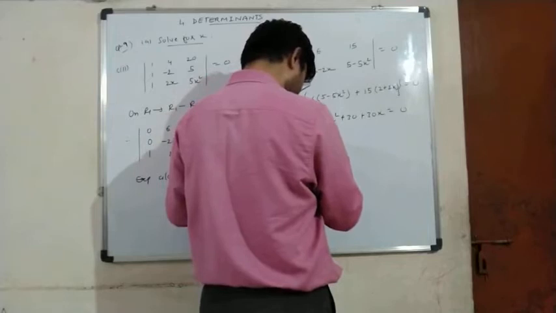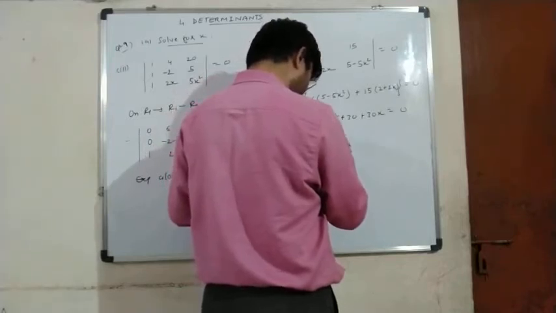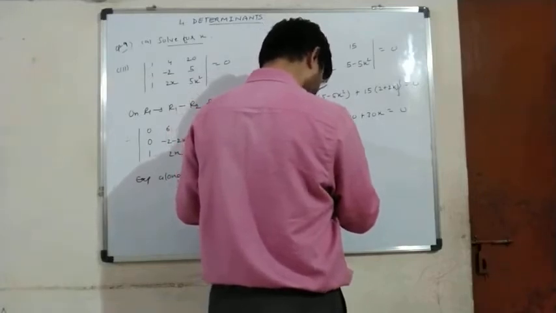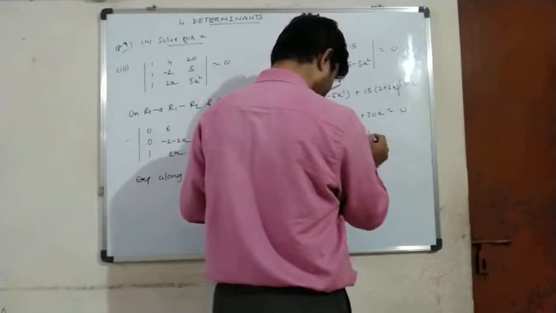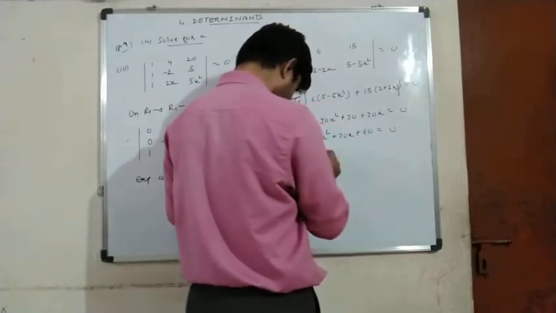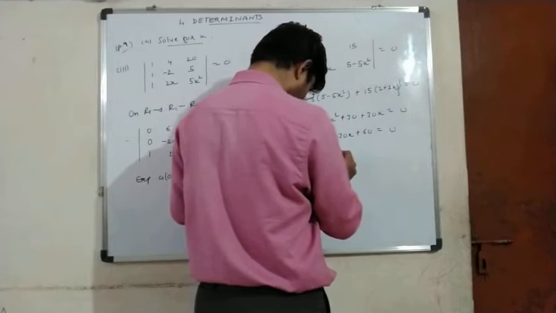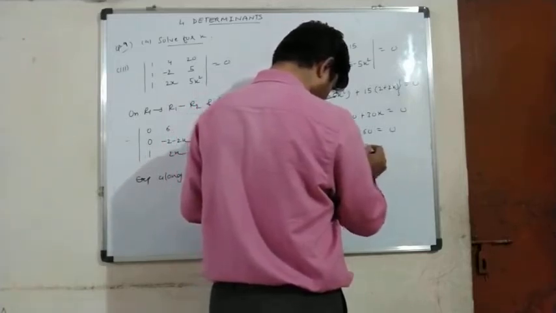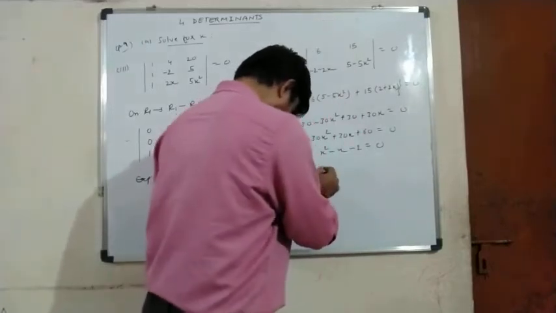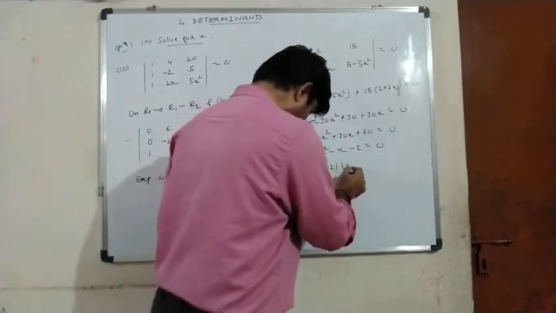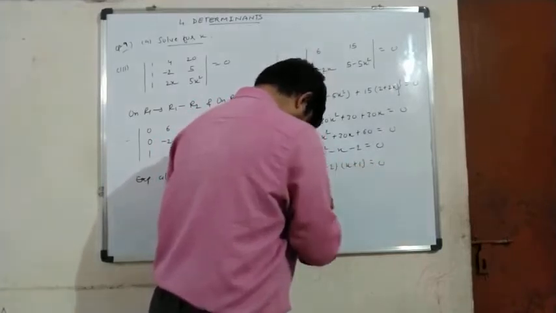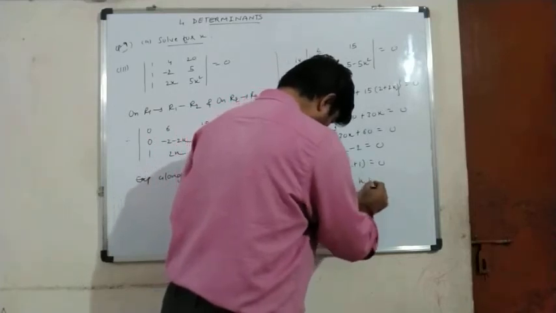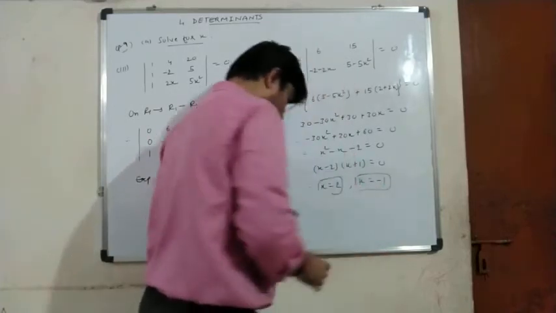Therefore minus 30x square plus 30x plus 60 is equal to 0. Let us take minus 30 common. So x square minus x minus 2 is equal to 0, and factorizing you get x is equal to 2 and x is equal to minus 1.